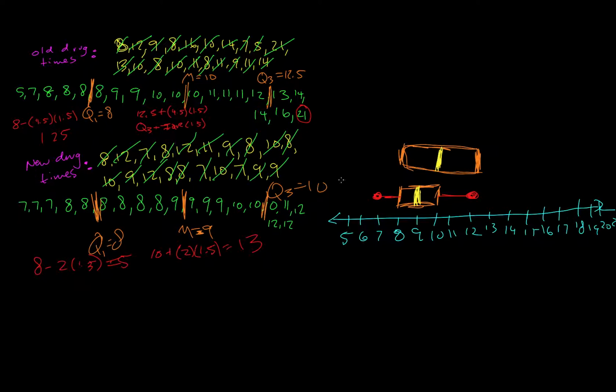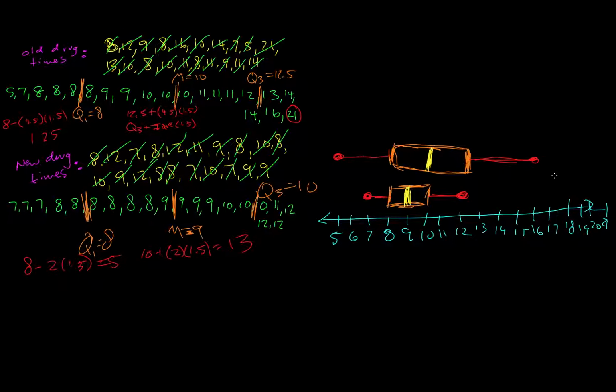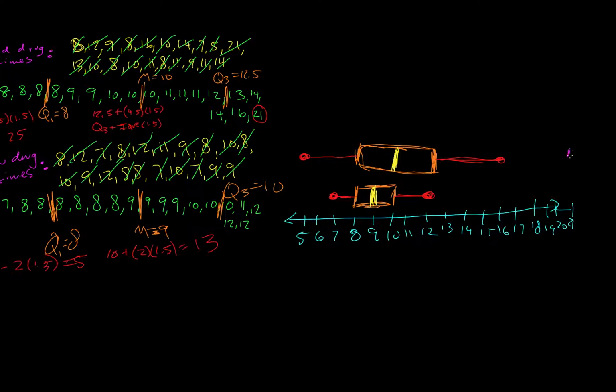I'm not going to go to 21 because it's an outlier. And then there's an outlier at 21. So on the top one, I will draw that. They draw it as an asterisk, but there we go.